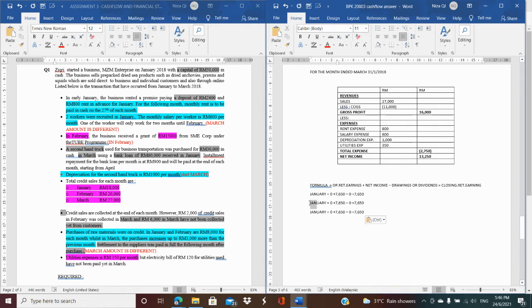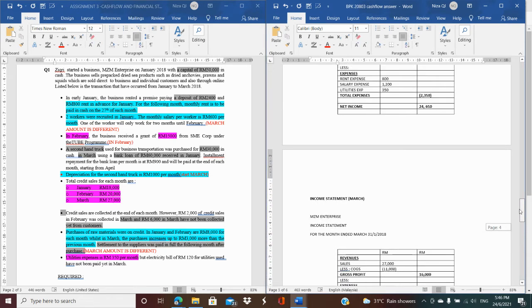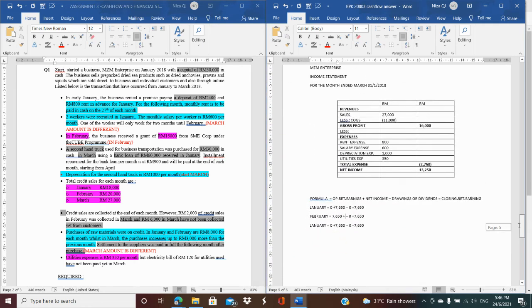So for February, the opening retained earnings is 7,650, and the net income for February is 24,650, and there are no drawings.